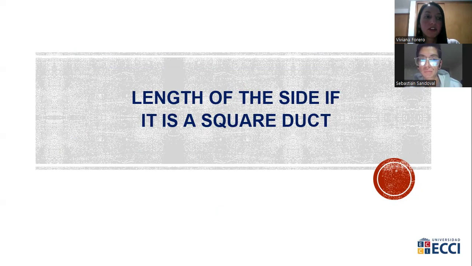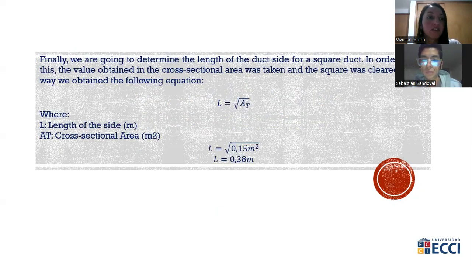Finally, we're going to determine the length of the side of the duct if it is a square duct. In order to find this, the value obtained for the cross-sectional area was taken and the square root was calculated. In this way, we obtain the following equation: L equal to the square root of AT, AT as cross-sectional area, and L as length of the side in meters.